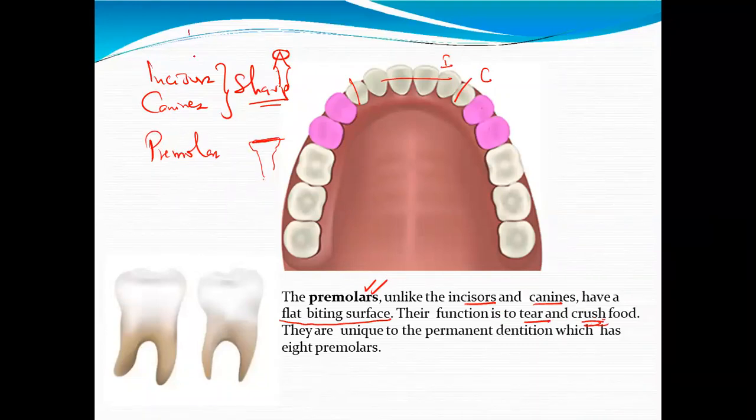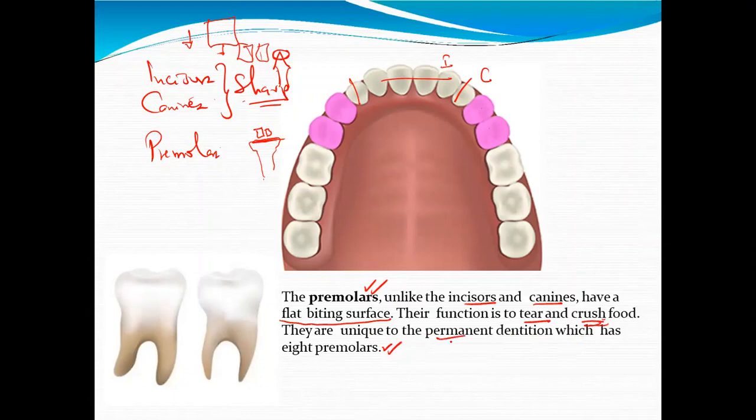Whatever food you took in, a big chunk, goes to the incisors first and is cut into tiny bits. The canines also tear it apart. In the premolars, the smaller chunks are now crushed, and you need something with a larger surface area for that. So they are unique to the permanent dentition, which has 8 premolars.